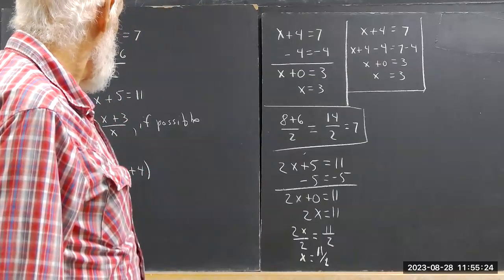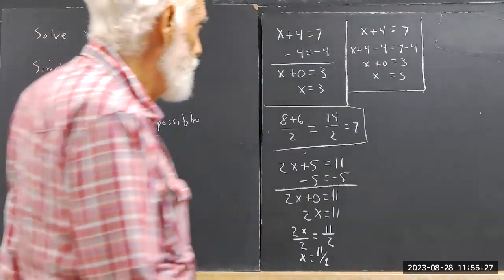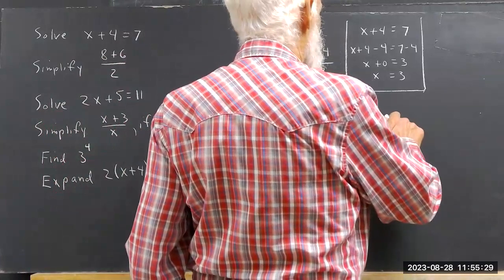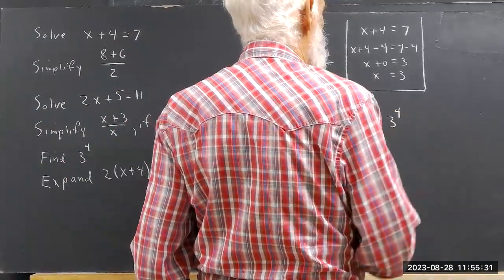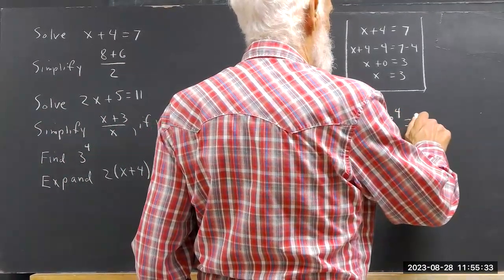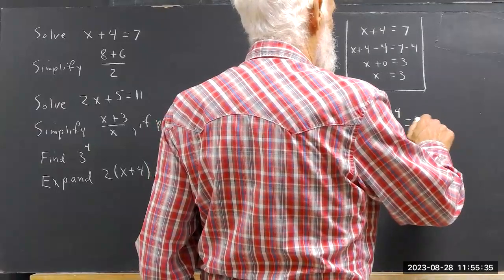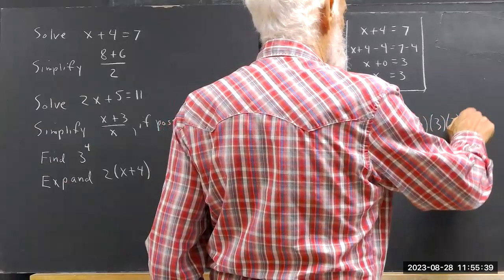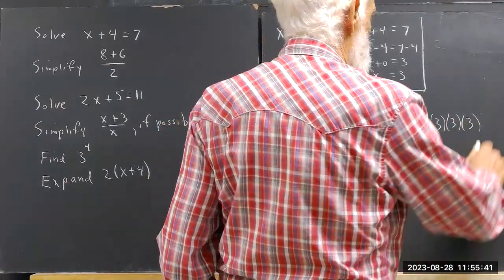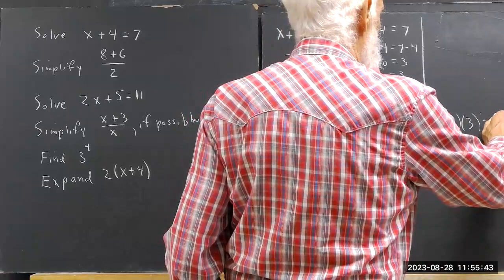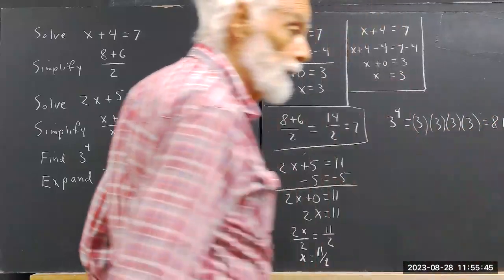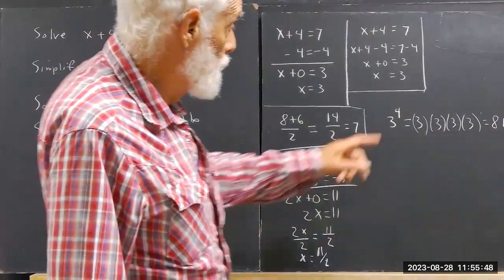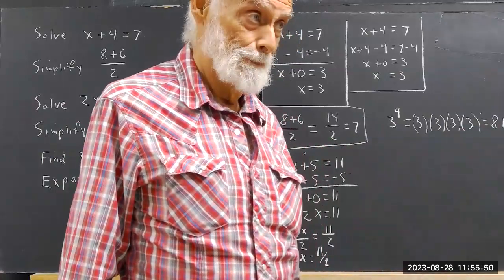All right. Now, 3 to the 4th means 3 multiplied by 3, multiplied by 3, multiplied by 3. And if you work it out, that's 81. I don't want to see just 3 to the 4th equals 81.